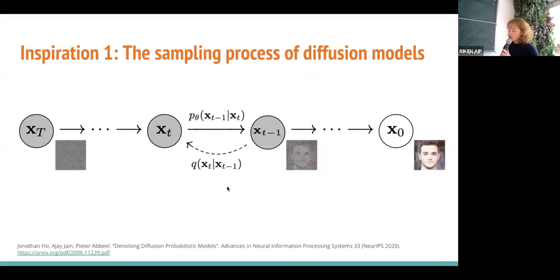So the question is, can we directly have some preliminary version of the image that we want to generate, then add some noise to it, not the full-scale noise, and continue with the diffusion process to generate a more realistic version of the preliminary image that we provide?